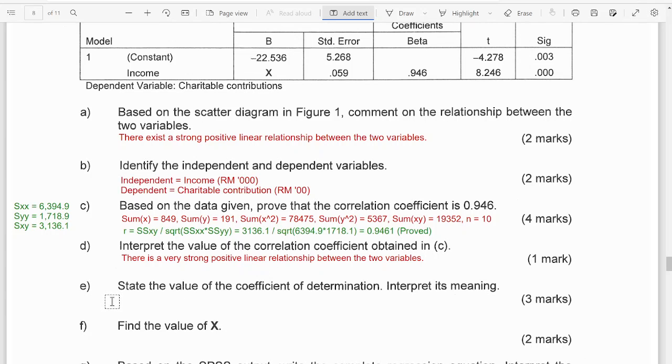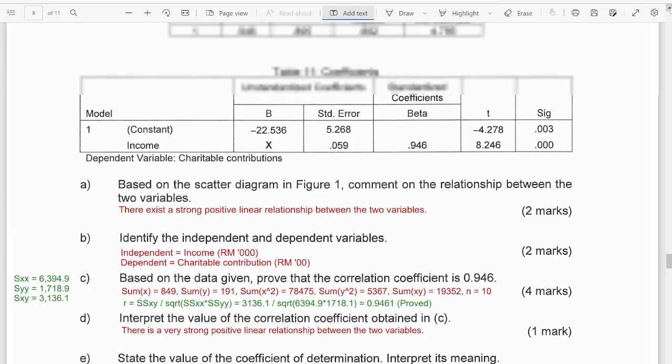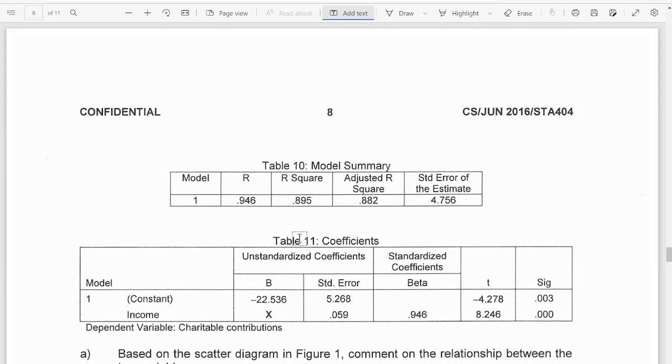And then state the value of the coefficient of determination and interpret its meaning. The coefficient of determination is just simply the value of r square. So you look under the r square. So r square is actually the square of 0.946. So you square 0.946, you get the r square 0.895. So this is the coefficient of determination.